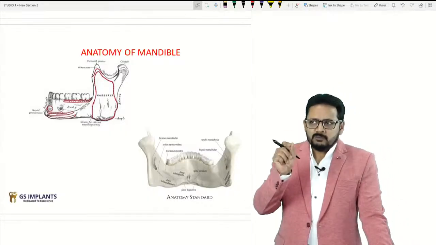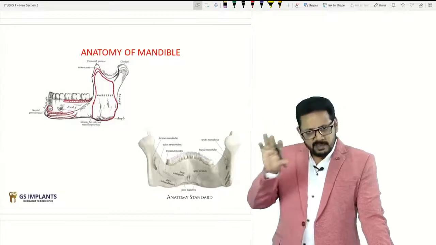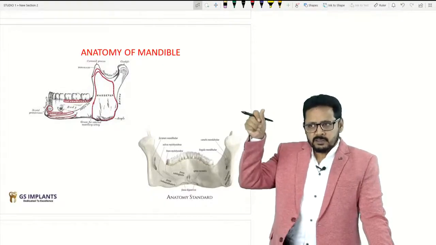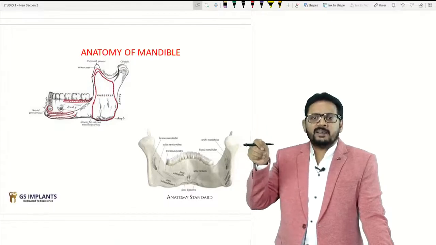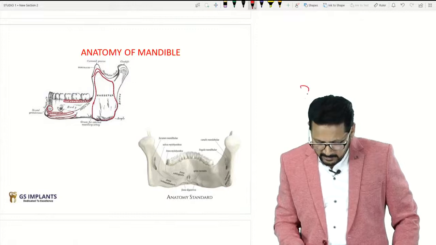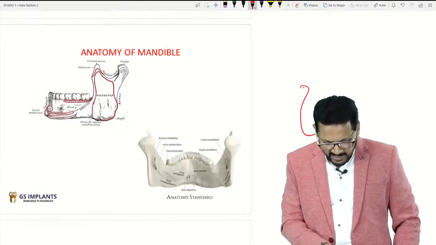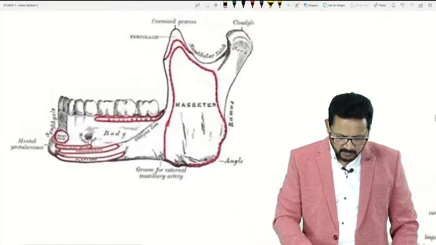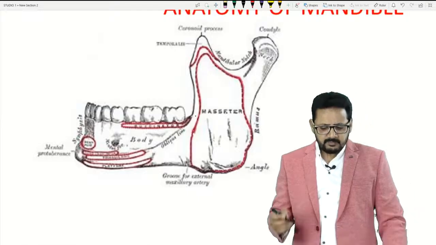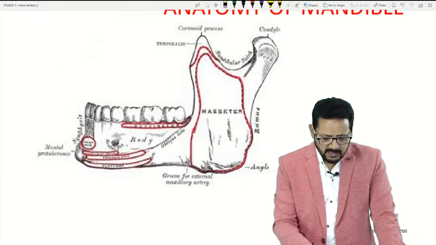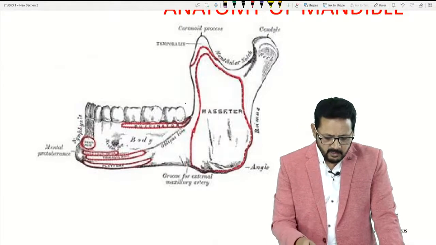Once you make the patient sit on the dental chair, pass your thumb slowly along the external oblique ridge. Let us assume that this is an edentulous case. Now you pass along the external oblique ridge.